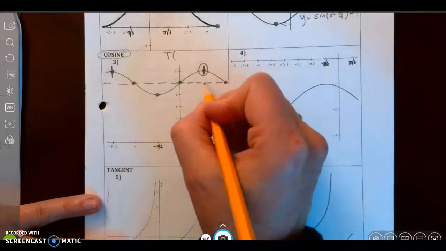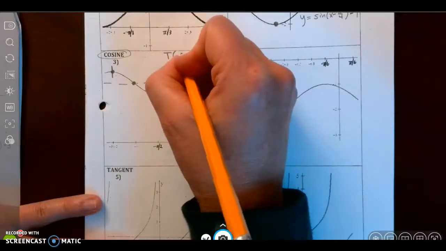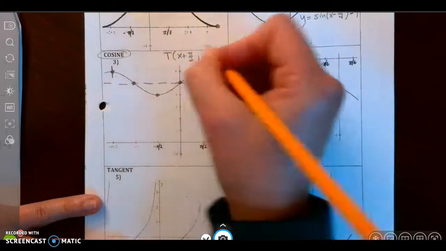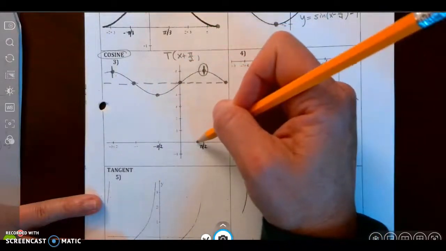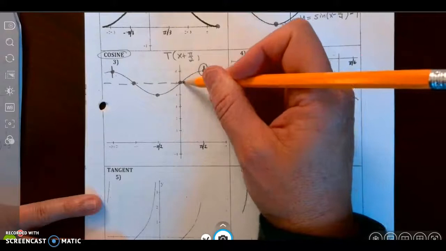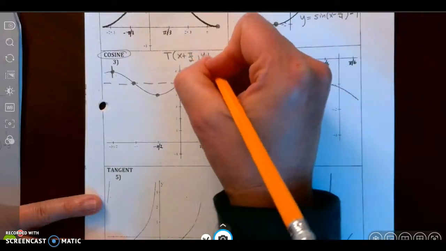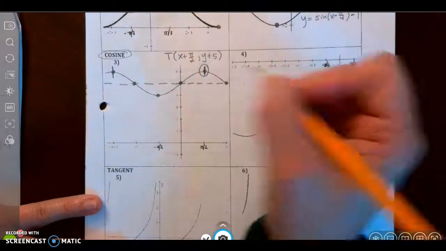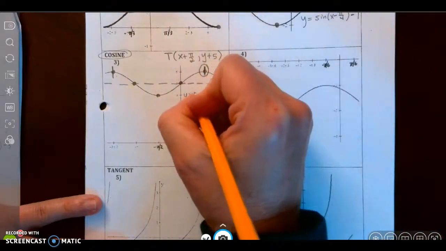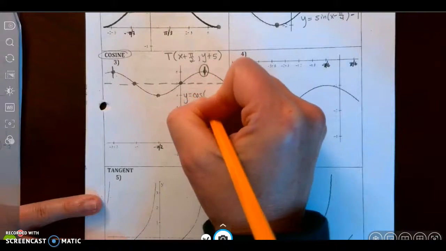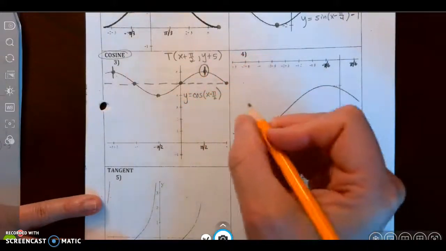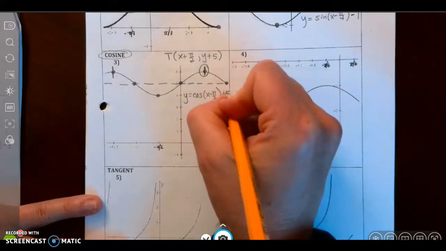I have moved to the right pi over 2, and my axis was at 0 originally and has moved up to 5, y plus 5. So my new equation is y equals the cosine of x minus pi over 2, plus 5.